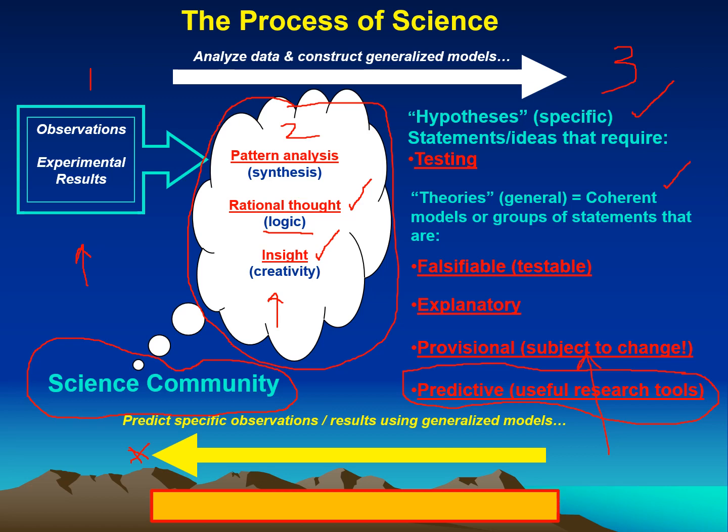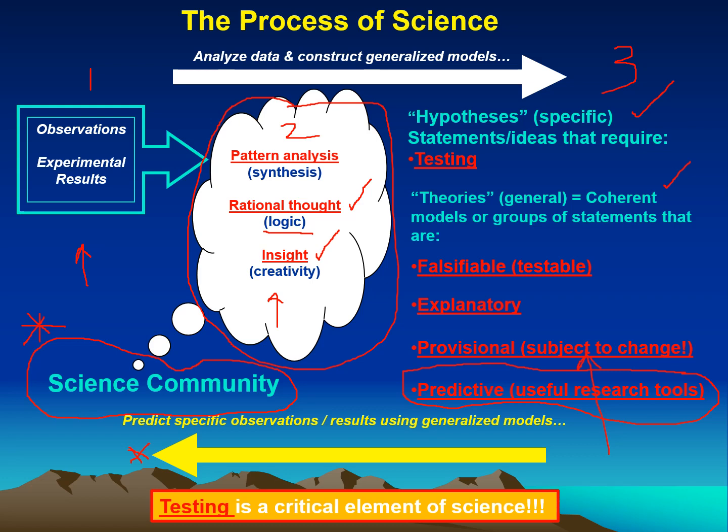So just to summarize this entire slide, 2 important points. Modern science is very much of a collective enterprise. And number 2, it's perhaps more complex than we often give it credit for. We can run the process of science from left to right or from right to left in this diagram.